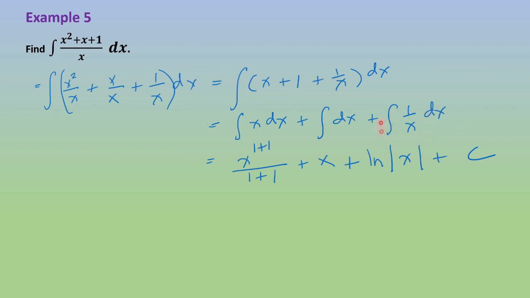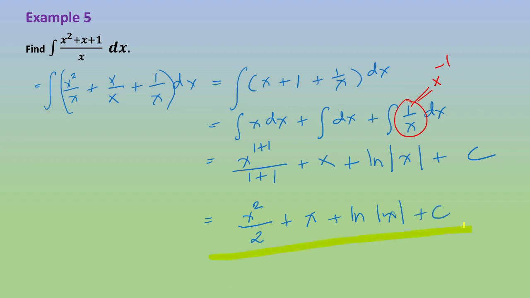So remember that for functions wherein the exponent is -1, the integral is ln of the absolute value of x plus c. 1 over x is the same as x raised to -1. So for our final answer, this should be x squared over 2 plus x plus ln of the absolute value of x plus c. So this is our antiderivative.